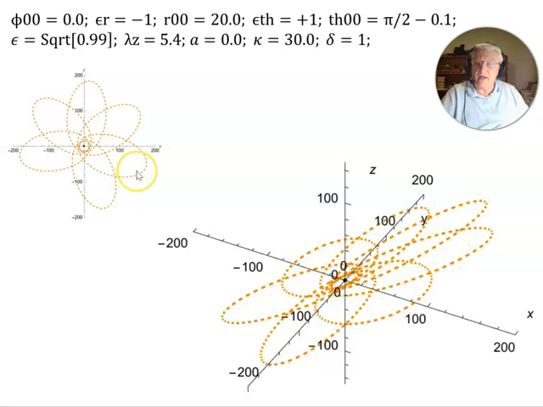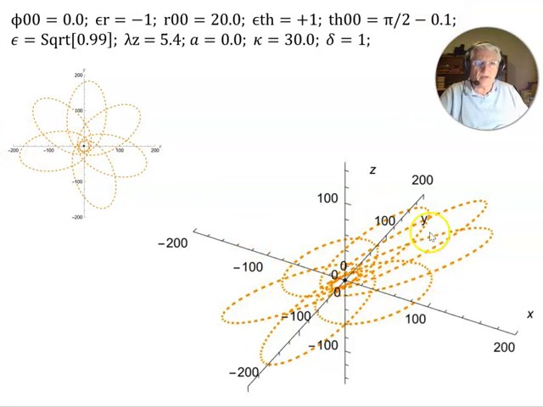Next one. We can plot a bound orbit, as we know that orbits precess. In general relativity, orbits precess, so although we have bound orbits, they precess about the singularity here. Inclined at an angle, so it's not in the xy plane.